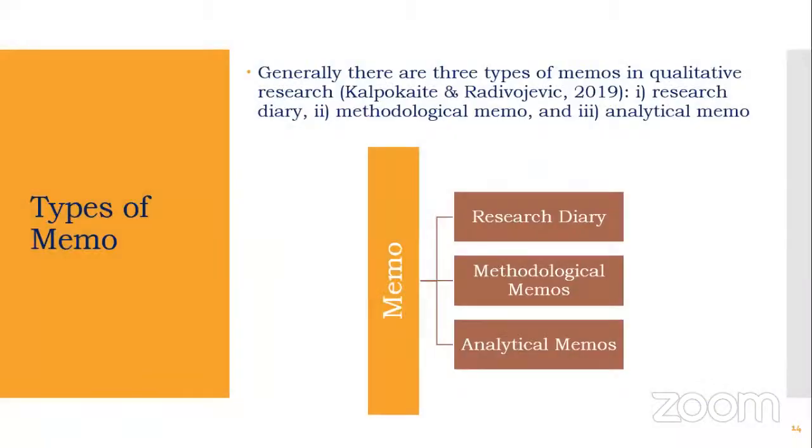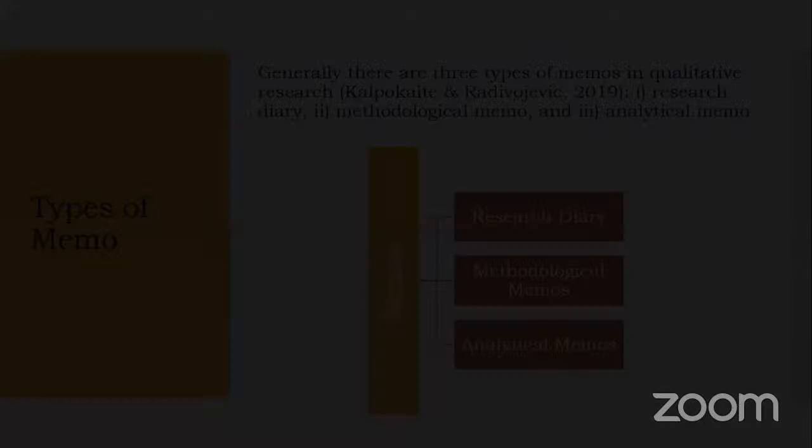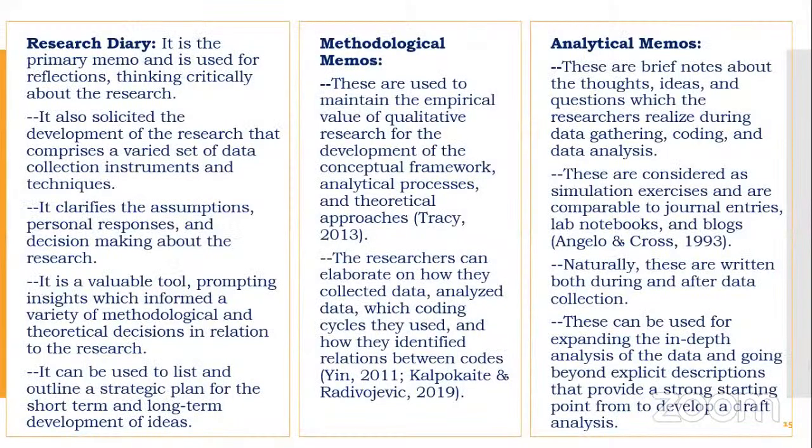Okay. Types of memo. Generally, there are three types of memo in qualitative research: research diary, methodological memo, and analytical memos. Okay. So what are these? Research diary, it's the primary memo and is used for reflections, thinking critically about the research.